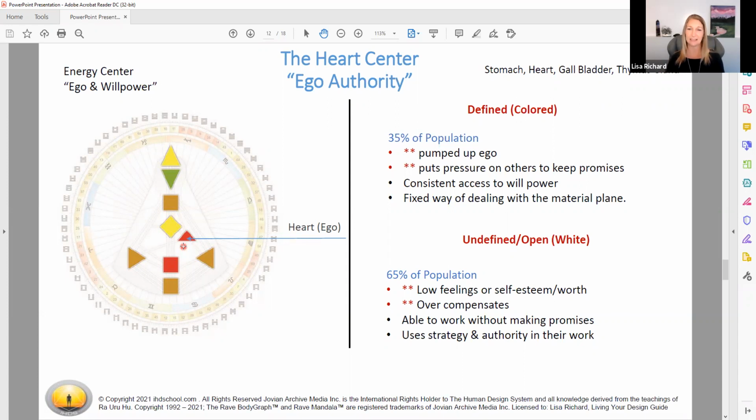So what happens is it becomes this vicious cycle of somebody making a promise and expecting another to keep it and then being disappointed, and the other one who made the promise feeling like a failure because they forgot or they couldn't honor it. So it's just this vicious cycle of unmet expectations.